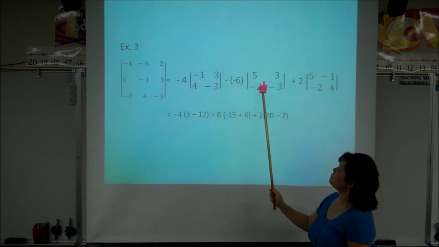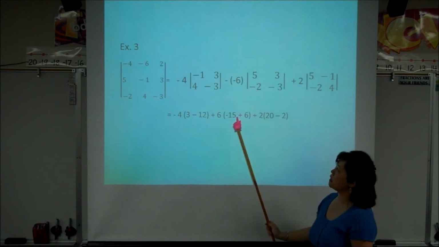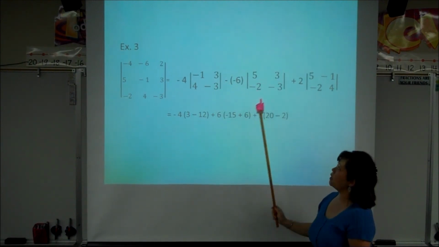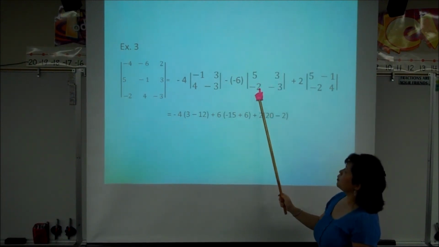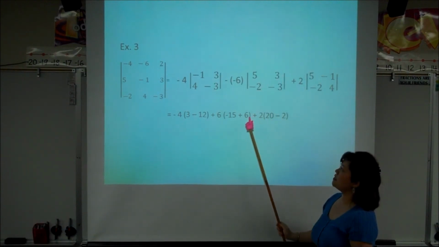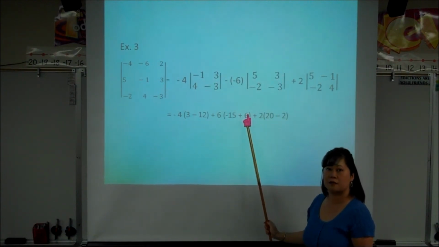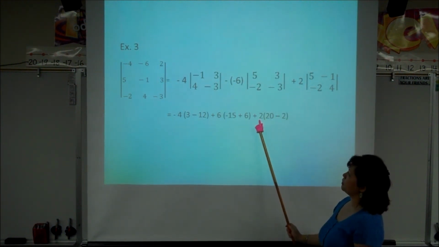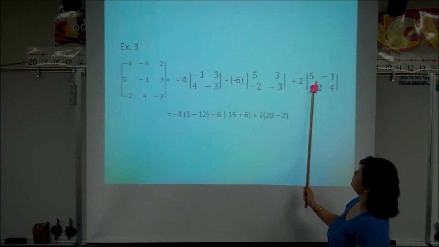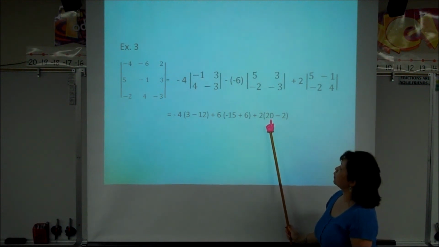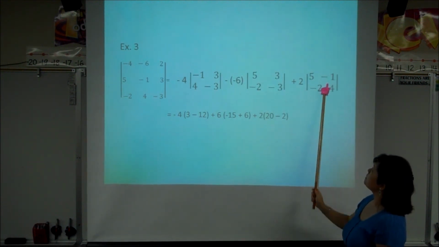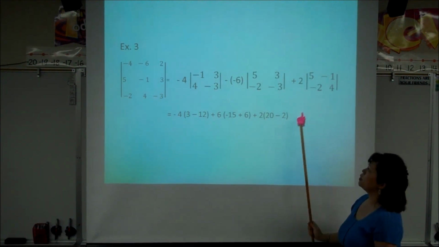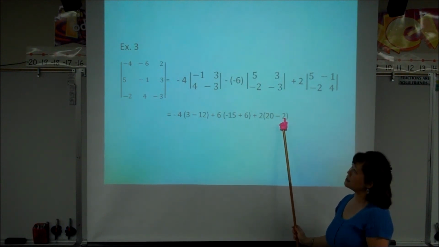And we do the same thing. 5 times -3 gives us -15, right? And then minus, and then this part right here gives us a -6, so negative and negative gives us a +6 in this case. Okay? Alright, +2, so this is the +2, and then we have this 5 times 4, that gives us the 20 right there, and then we have this -2 times -1 gives us +2, so it's a minus right there. So that's the setup right there.